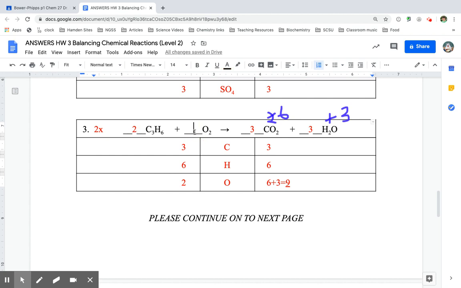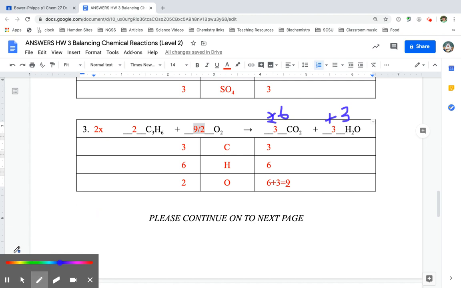We want to have 9, so we balanced it with 9 over 2, right? Because 9 over 2 times 2 gives me 9. Remember, that's why we're using the fraction. 9 over 2, that's our fraction that we're balancing it with, times 2. The 2 and the 2 cancel out.